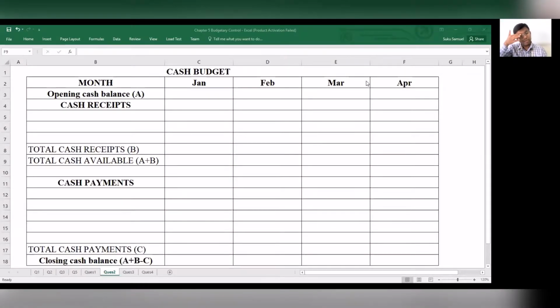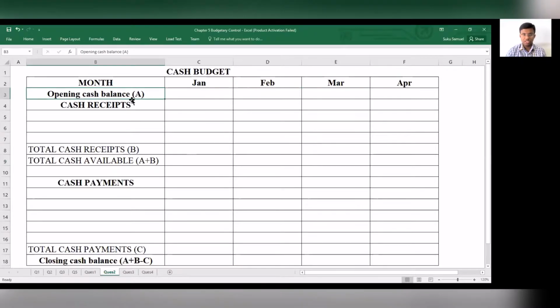I have got the format of the cash budget ready. Remember, we are preparing this for 4 months: Jan, Feb, March, and April. Remember the sections of the cash budget.